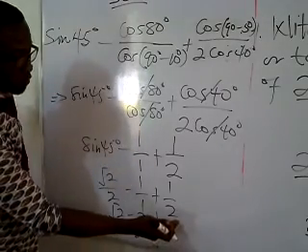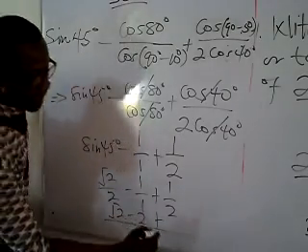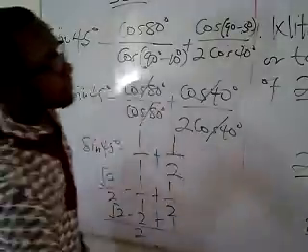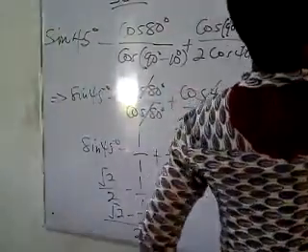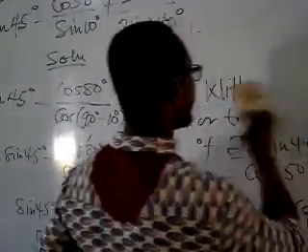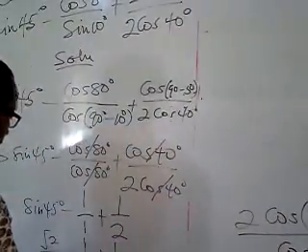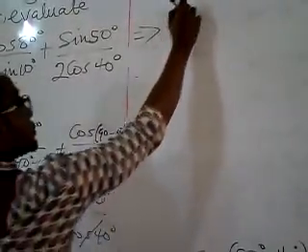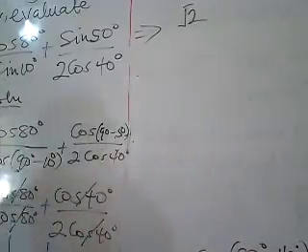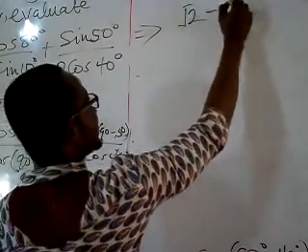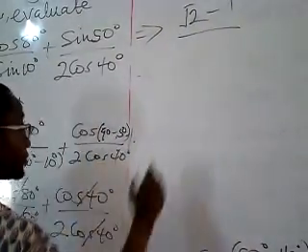Plus 2 goes into 2 is 1. 1 times 1 is 1. Is that root 2, minus 1 will give us negative 1 over 2.